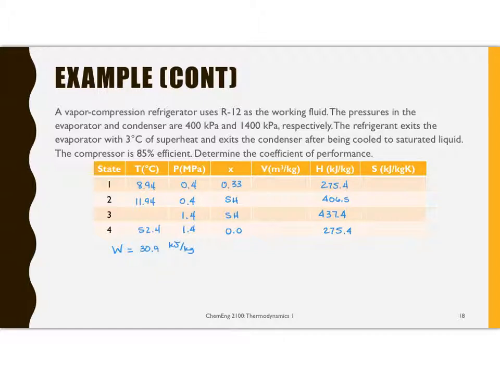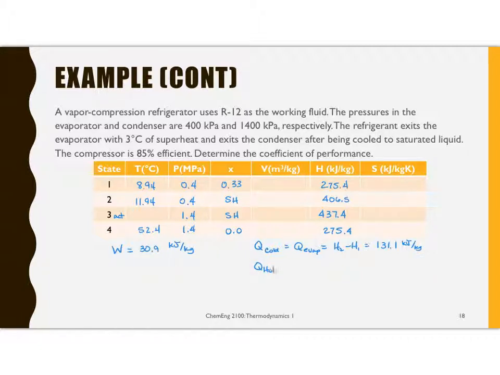So I've cleaned up our table. This is now the actual state 3. I haven't bothered with the V's and the S's. At this point, all I need is H values. And our actual work for the compressor is 30.9 kilojoules per kilogram. If I want to find the heat transfer at the evaporator, which is the cold temperature, then I'm going to take H2 minus H1, which is 131.1 kilojoules per kilogram.